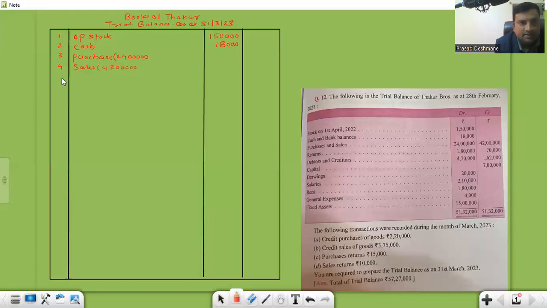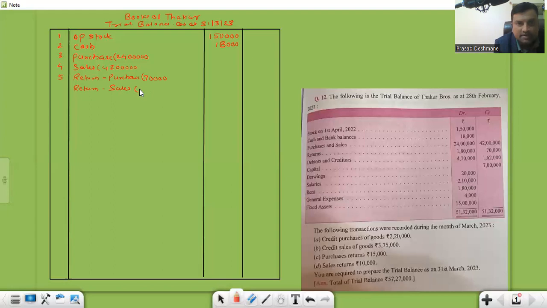Then we have returns. Okay, so the debit one is a sales return, and the credit one is a purchase return. So purchase return is what? Credit one, what is the credit balance? 70,000.